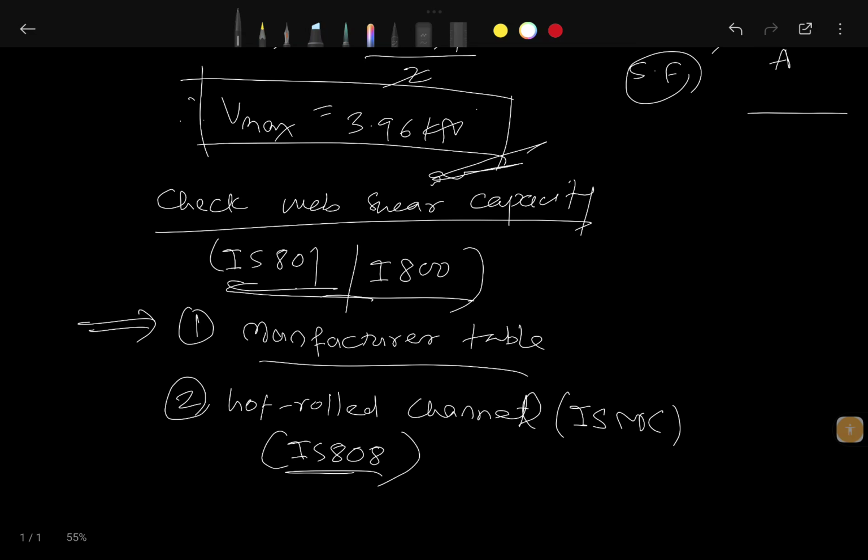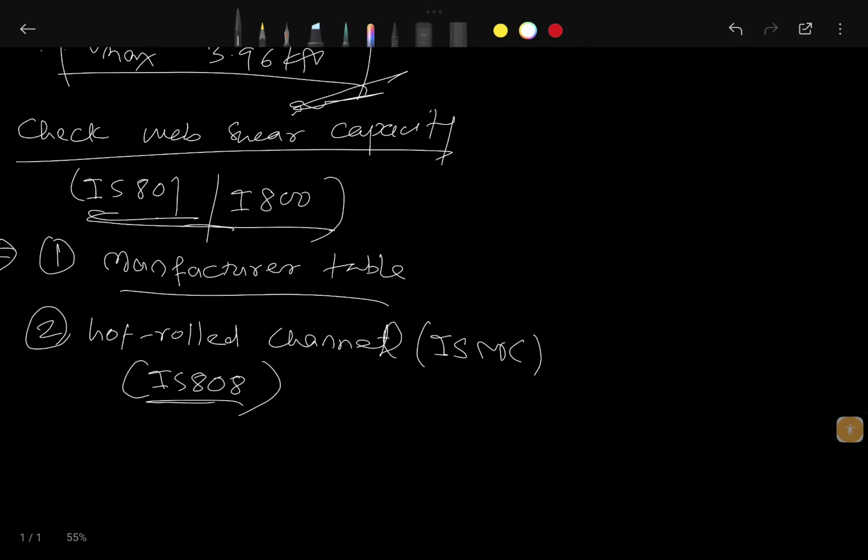A typical ISMC channel often has a much larger Z than required for a small span. They may be heavier than necessary. This section property and section modulus are higher.